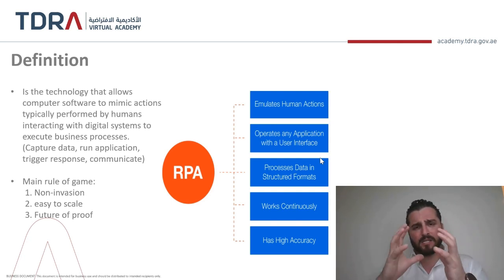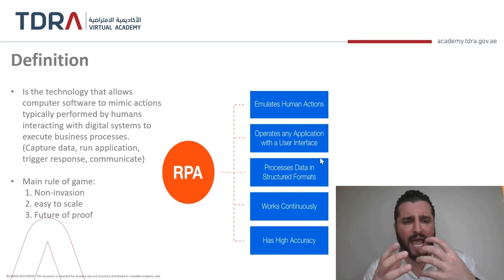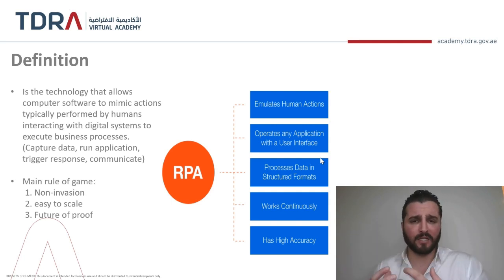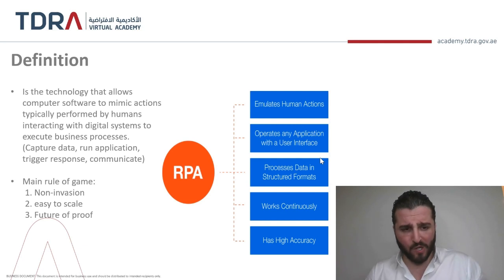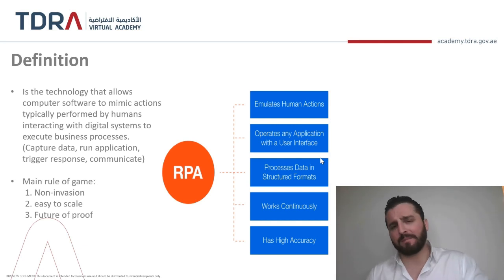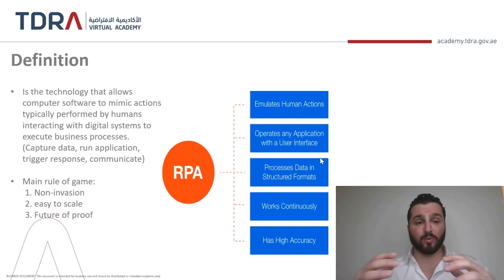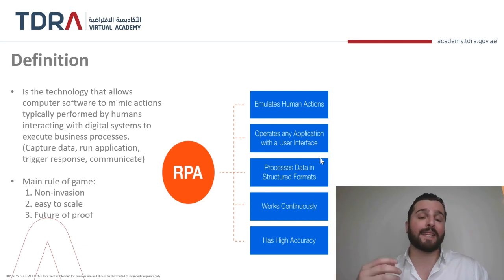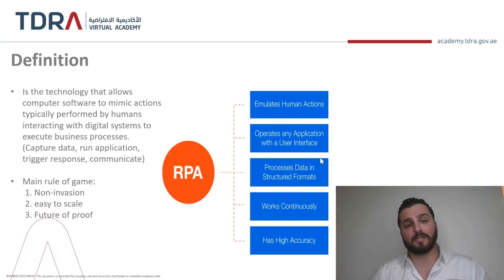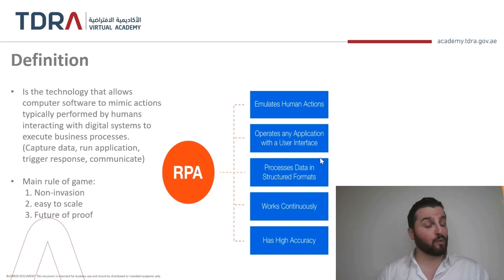So basically this bot would mimic whatever actions we usually take in a certain task or process, from capturing the data to storing it, to running certain applications, triggering responses that will set the action on an on status to be performed. All these things will be covered through three main rules: non-invasion, easy to scale, and future-proof.